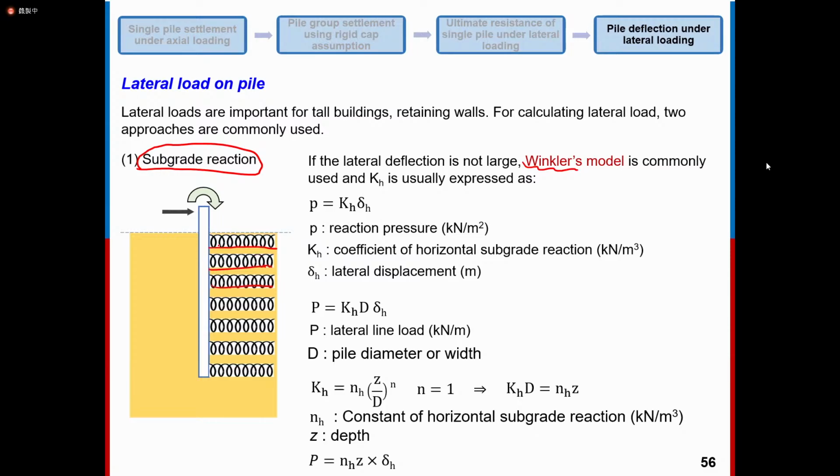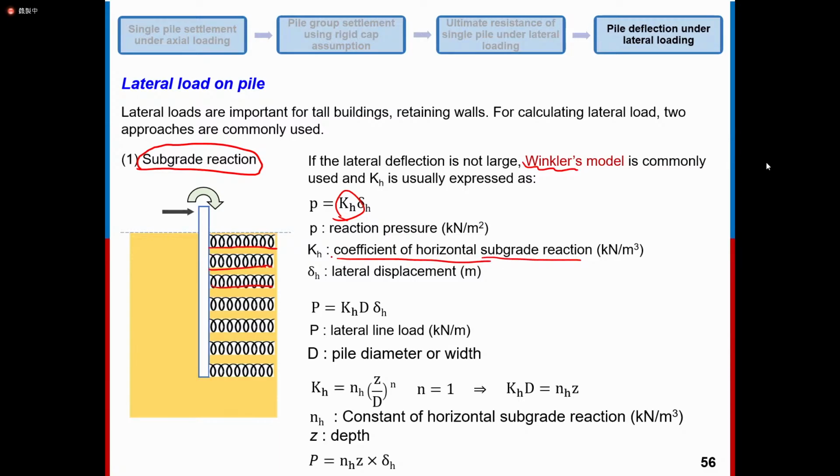So if we assume the soil is like a spring, we will have a factor just like the spring factor, the elastic modulus. Here we give it a name: the coefficient of horizontal subgrade reaction.